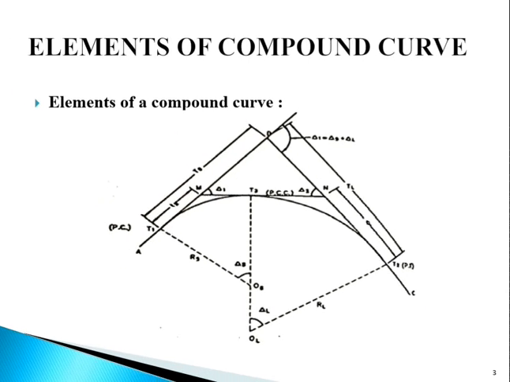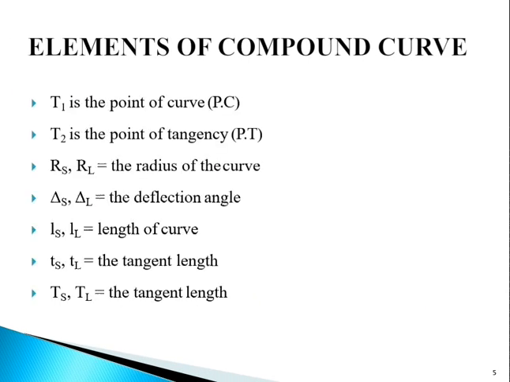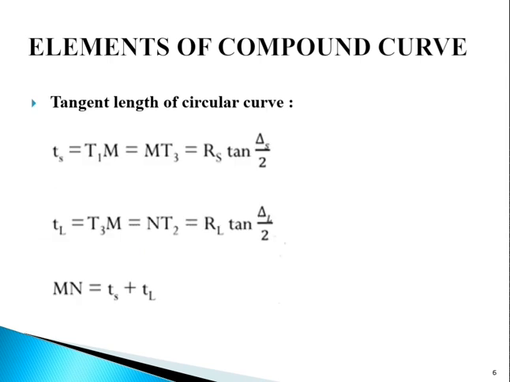From the figure, the tangent length of the circular curve is given by small Ts equal to T1m equal to mT3, which is Rs tan delta S by 2, and small TL equal to T3n equal to nT2, which is RL tan delta L by 2.